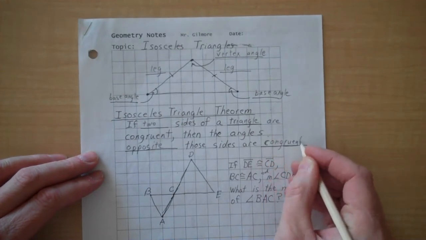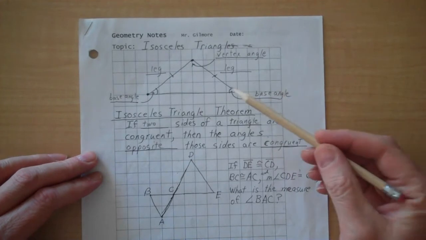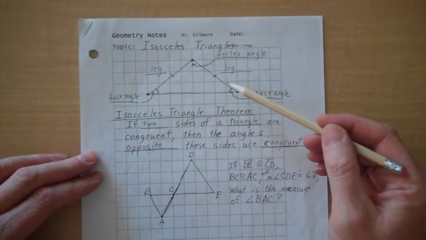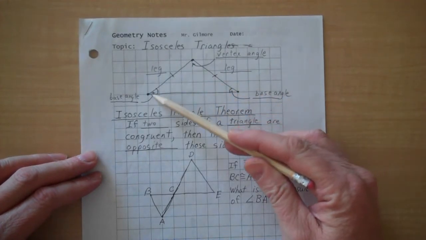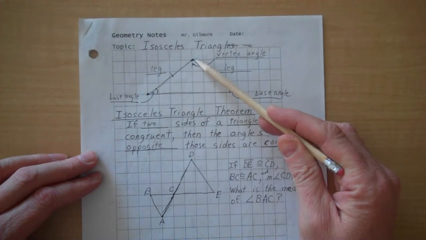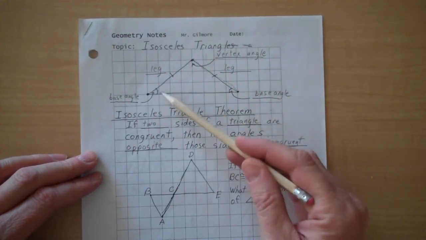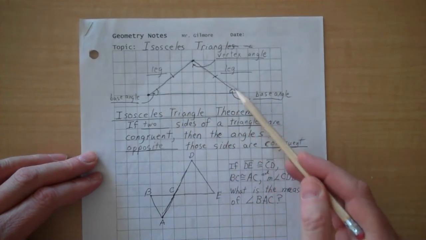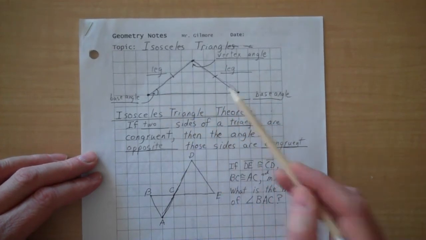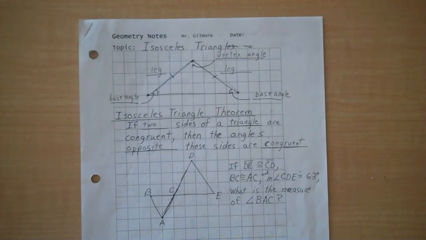In other words, if it has two congruent sides, it's going to have two congruent angles. And what it means by the angles opposite the sides, this side is opposite this angle. This side is opposite this angle. If these two sides are congruent, these two angles are congruent.